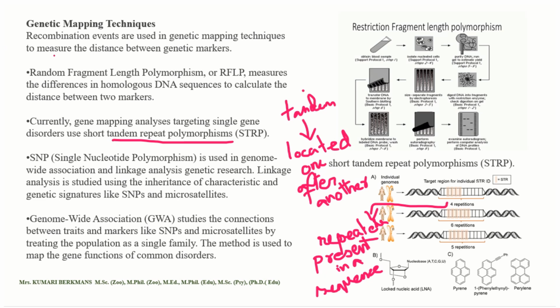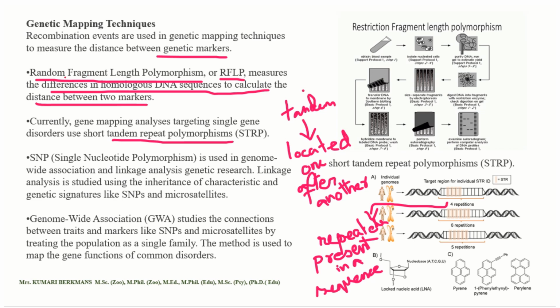And another important thing, what is that? In genetic mapping techniques, the recombination events are used to measure the distance between the genetic markers. Number one, restriction fragment length polymorphism, or RFLP, which measures the differences in homologous DNA sequences to calculate the distance between two markers.